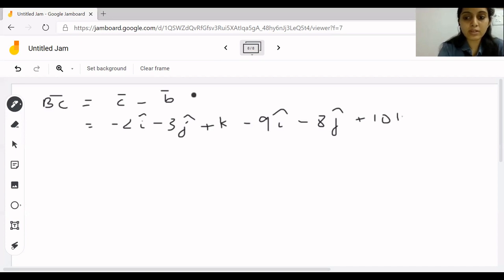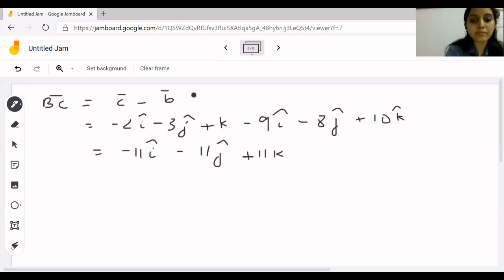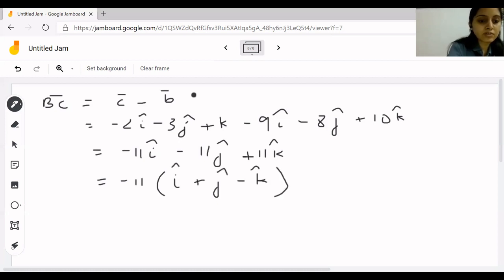So what vector do we get over here? Minus 2i minus 9i will become minus 11i, minus 3j minus 8j is minus 11j, plus 11k cap. We can take minus 11 common, so we get i plus j minus k. This is BC bar.